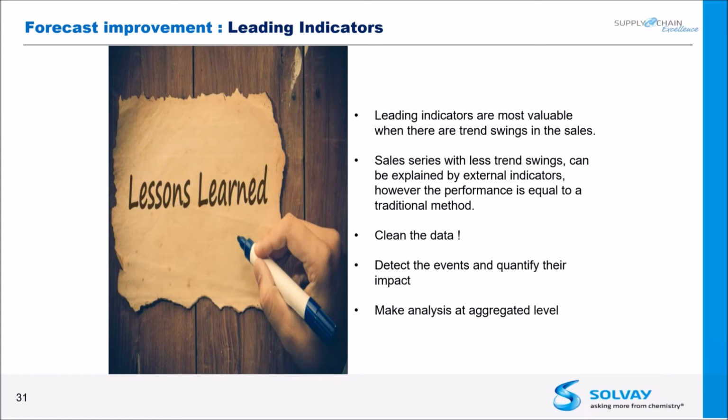So leading indicators will be applicable for a more aggregated level at the level of the market, and then depending on your situation, depending on your industry, you have to define a number of rules for disaggregation of this information to your SKU ship to level.